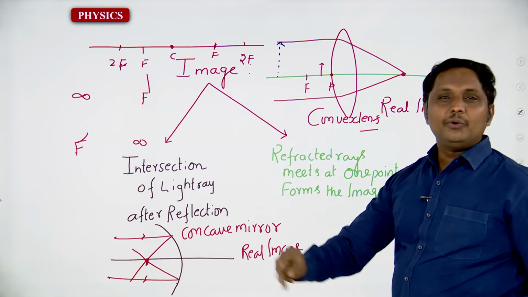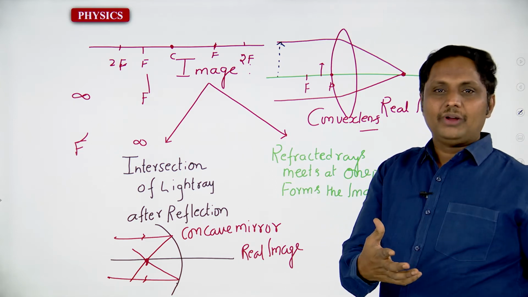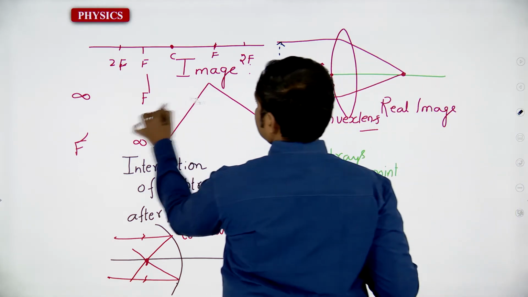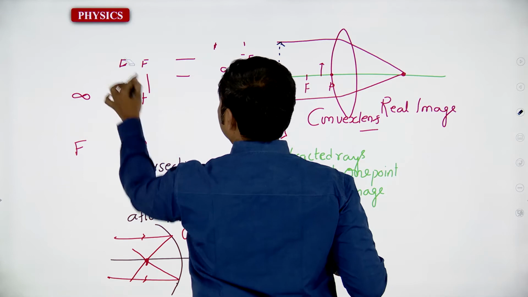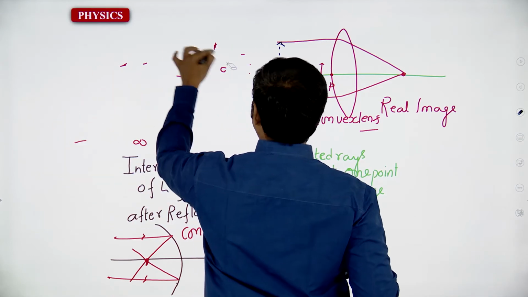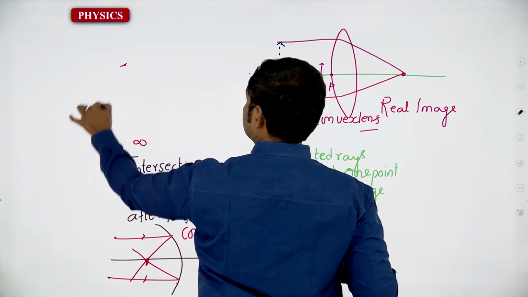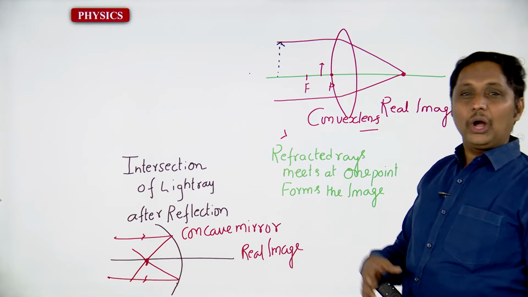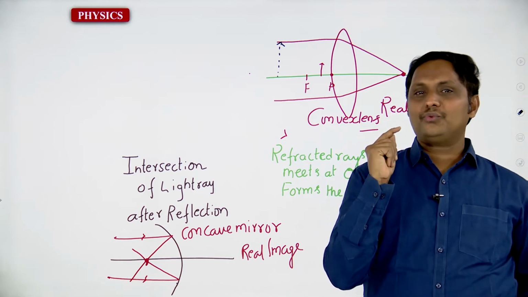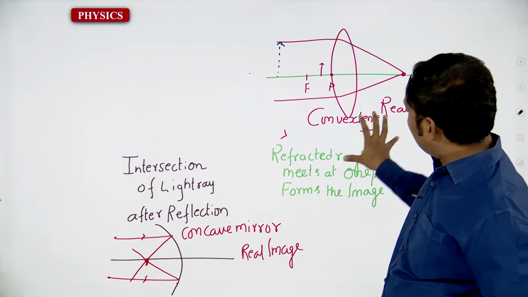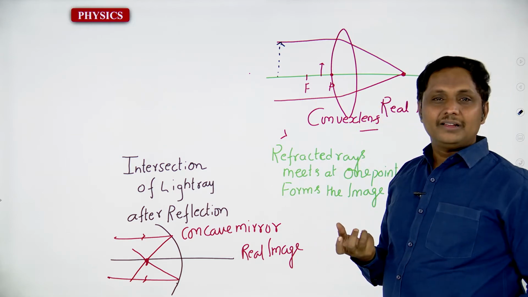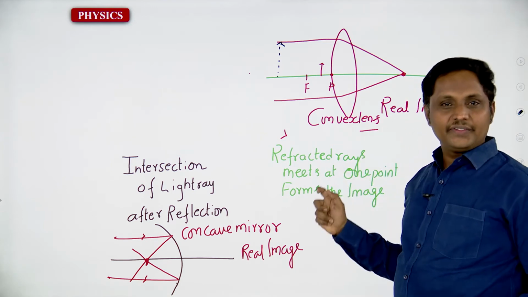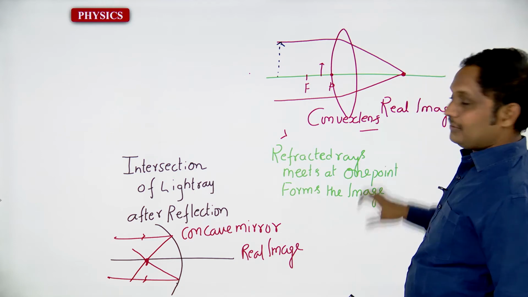This is the discussion of how the image is going to be formed. All right, it's very clear. When it is real and when it is virtual: if all the refracted light rays meet at one point in the real space, you are going to have a real image. You can track the refracted rays in the real space at the correct position.